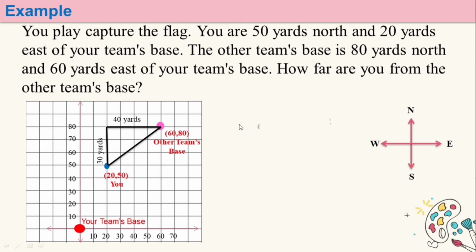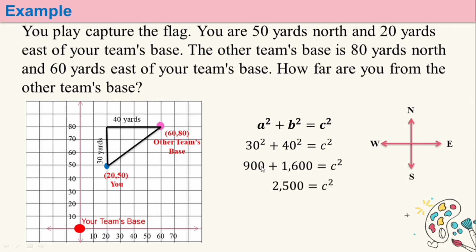Now we can apply the Pythagorean theorem to solve for the distance between you and the other team's base. We've got a squared plus b squared equals c squared. We have 30 squared plus 40 squared equals c squared. 30 times 30 is 900, and 40 times 40 is 1600. Let's add these two together because they are on the same side.